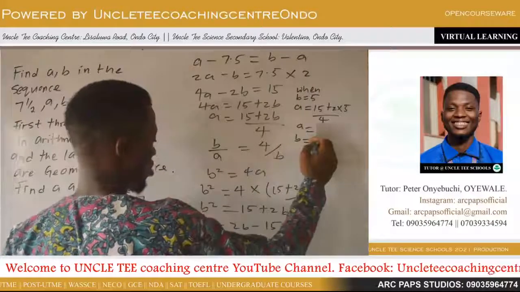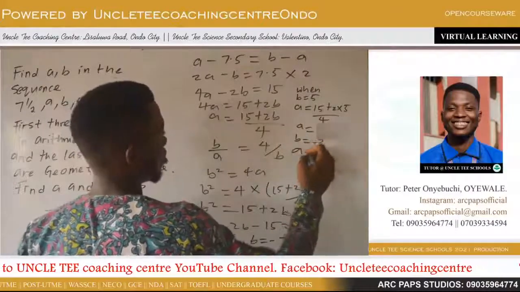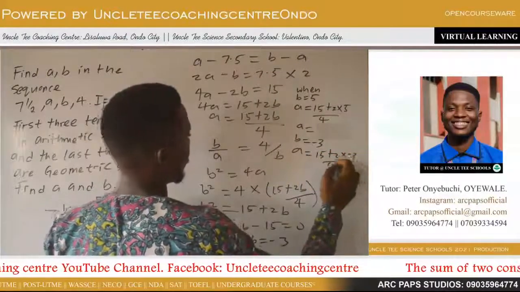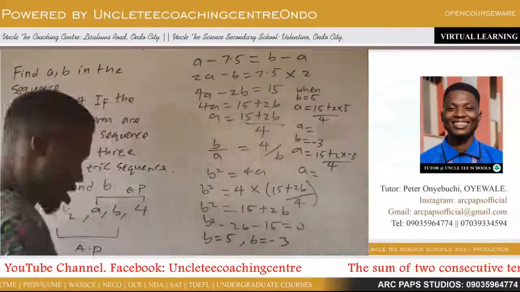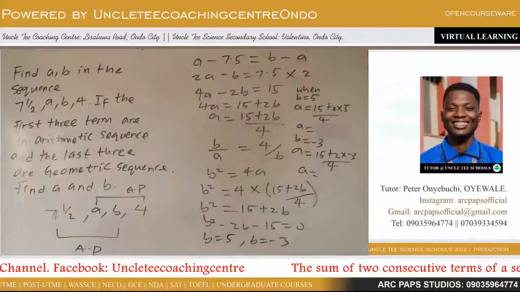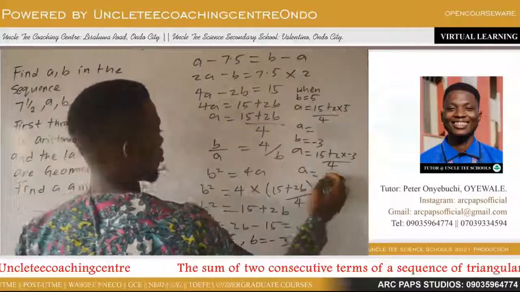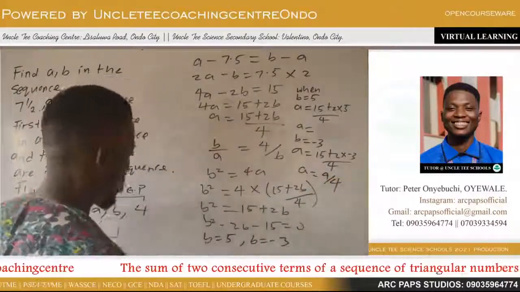Now when b is minus 3, a is 15 plus 2 times minus 3 divided by 4. That's 15 minus 6 divided by 4, which is 9 over 4.